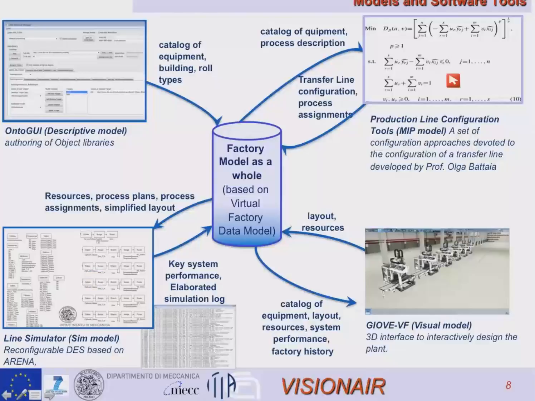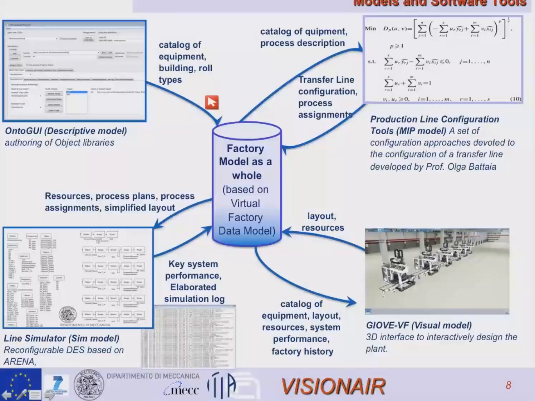And we use some mixed integer programming tools for the production line configuration, and those tools were developed and provided by Professor Olga Battaïa. And we use Java Virtual Factory in this visualization environment for 3D, and this was provided by ITIA CNR. And everything is joined together using this virtual factory data model, providing access in read and write to the different tools to interact together.